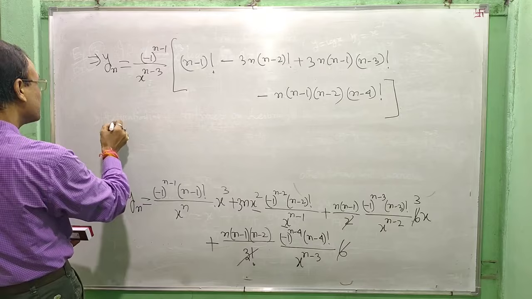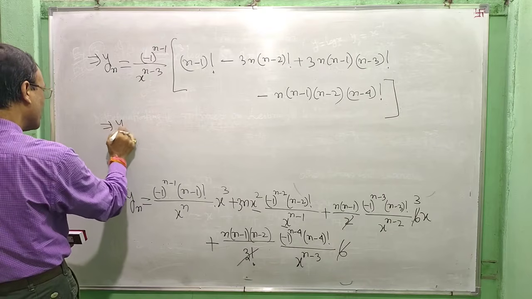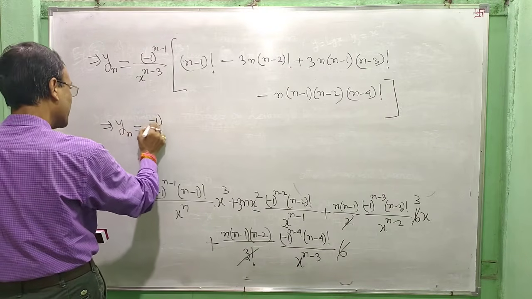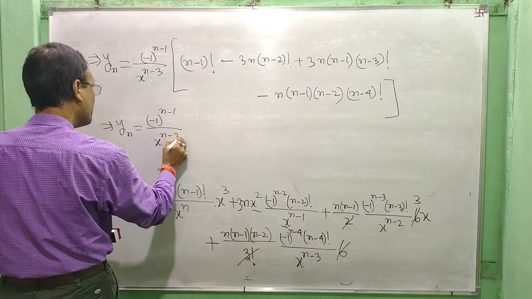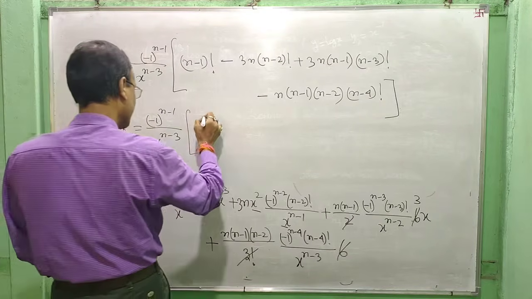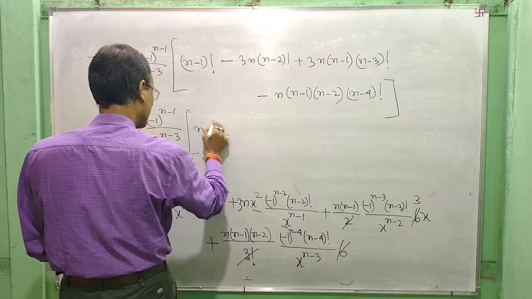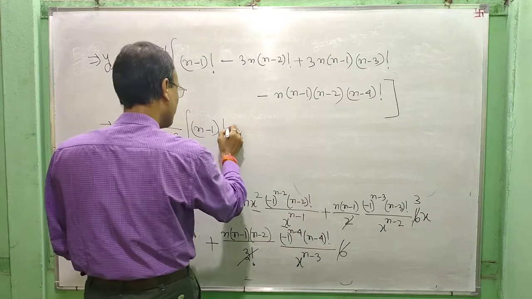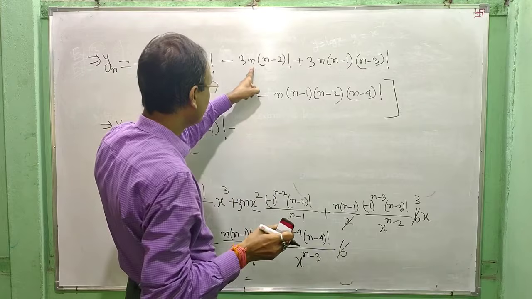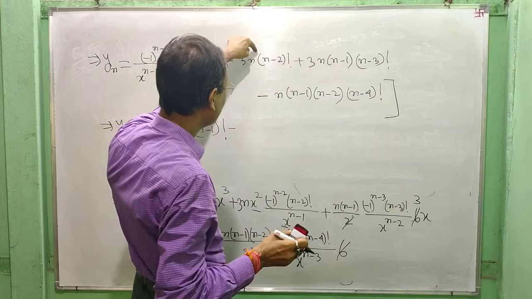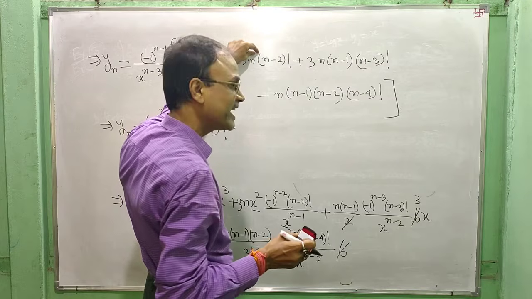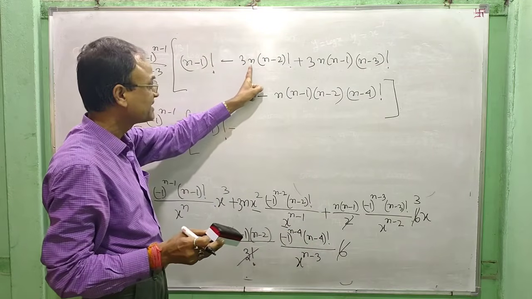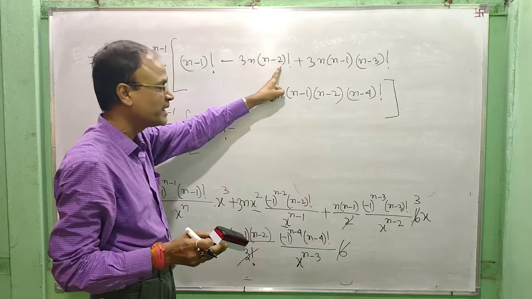This means this is equal to minus 1 whole to the power n minus 1, x to the power n minus 3, times factorial n minus 1 divided by n minus... Here, if you multiply numerator and denominator by n minus 1, then this term will be n into n minus 1 into factorial n minus 2.